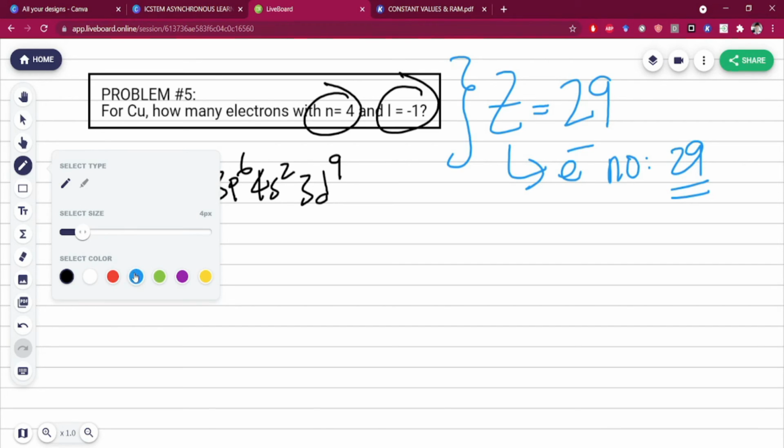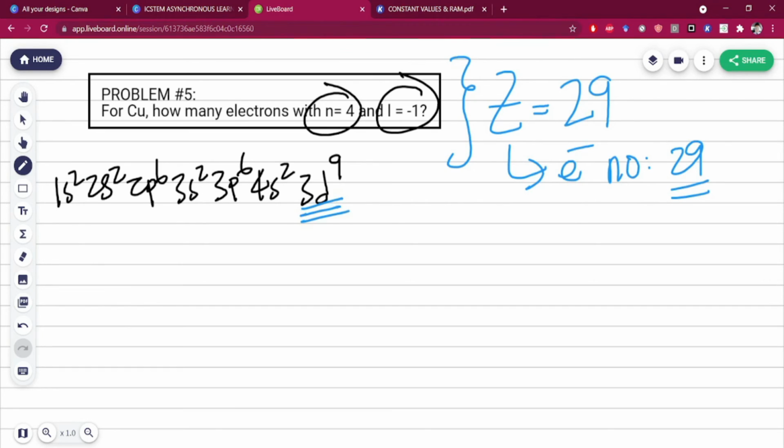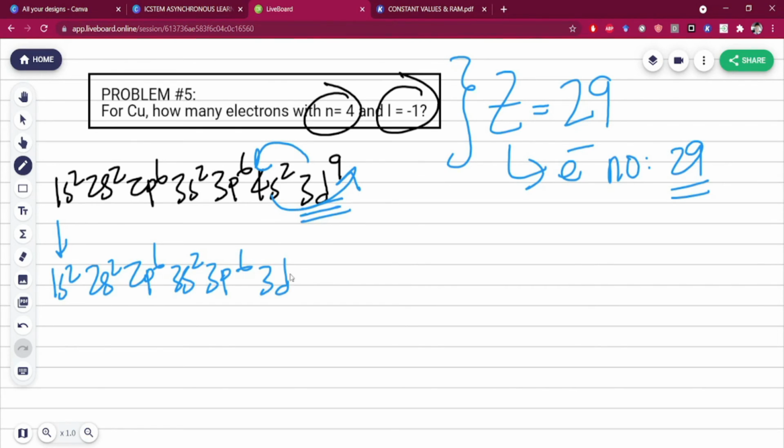And now you're going to start filling in 3d9. And do you remember, I've told you this now, once you start filling in here, you're going to start to shift. So you're going to have 1s2, 2s2, 2p6, 3s2, 3p6, 3d9, 4s2. But for copper, I'm going to explain this in the next video.